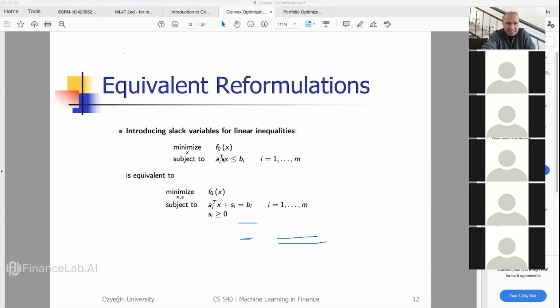So previously it was a_i transpose x smaller than or equal to b_i for each i. In this case, we add s_i, and a_i transpose x plus s_i is equal to b_i. And since this was a smaller-or-equal inequality, s_i should be greater or equal than 0 in order for this condition to be satisfied when using slack variables.